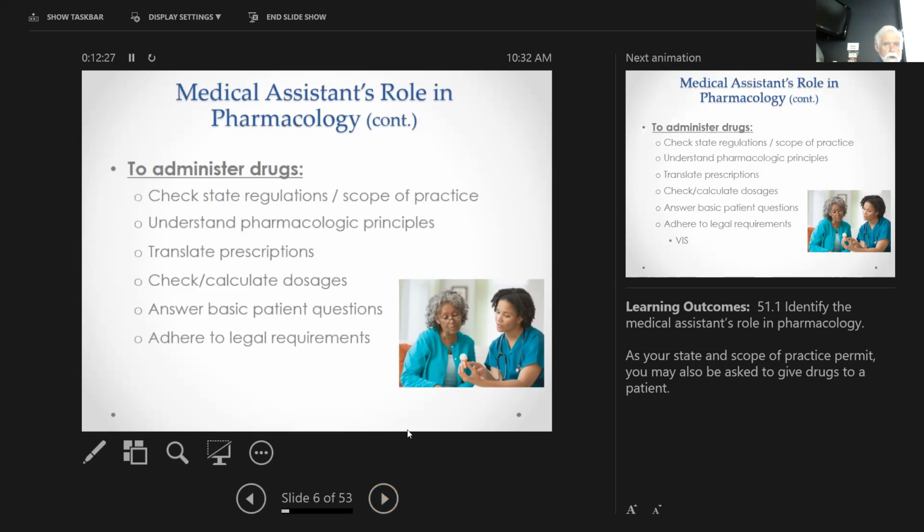And of course, we're going to be emphasizing adhering to legal requirements, and that is dependent on your jurisdiction. Here in Colorado, our scope of practice might be different than if you, say, move to Kansas. You need to know what the scope of practice rules are where you are.